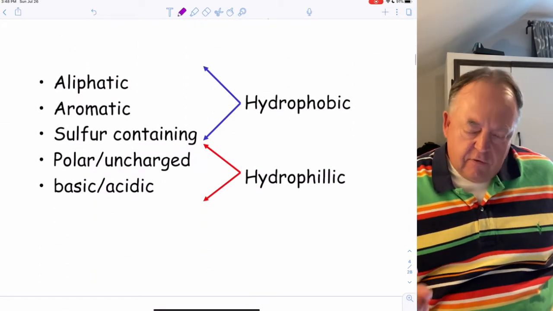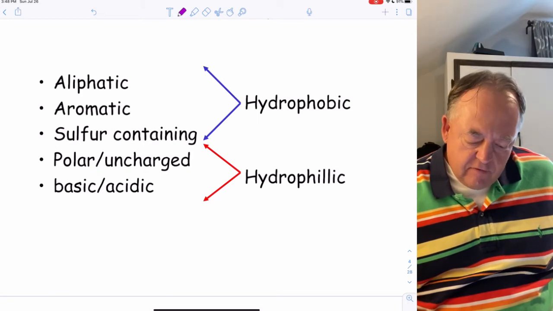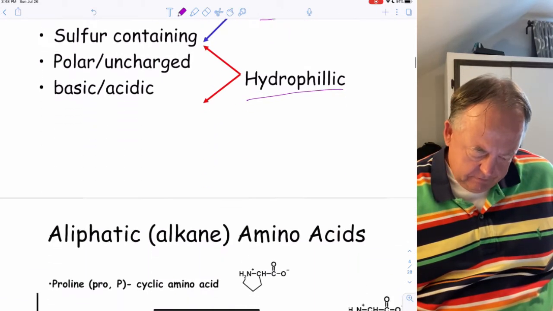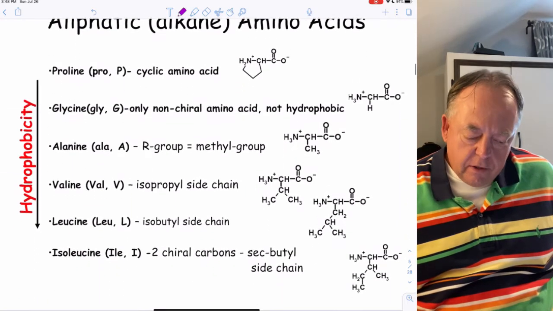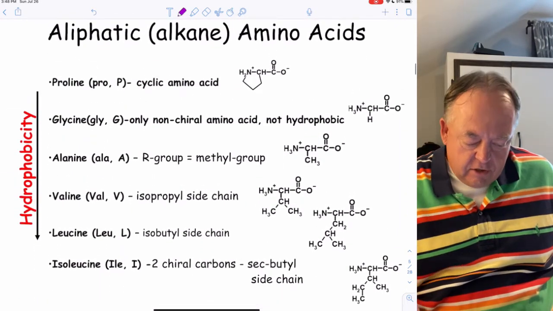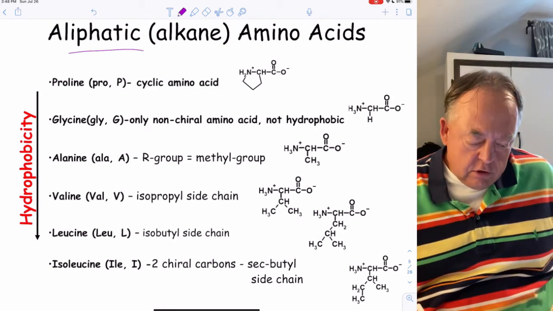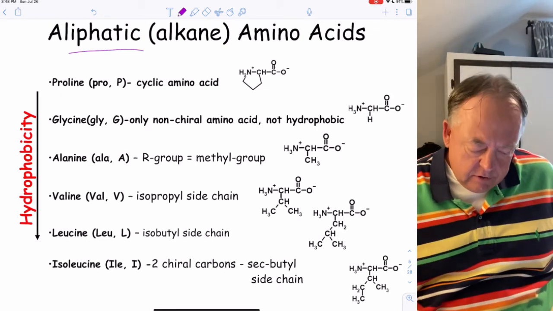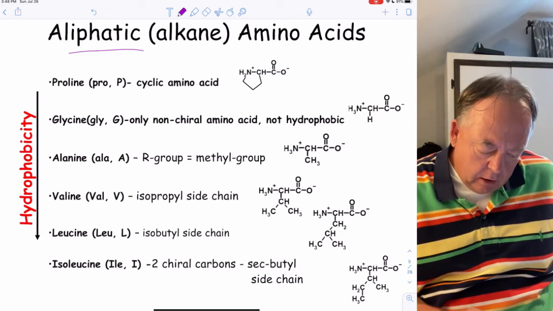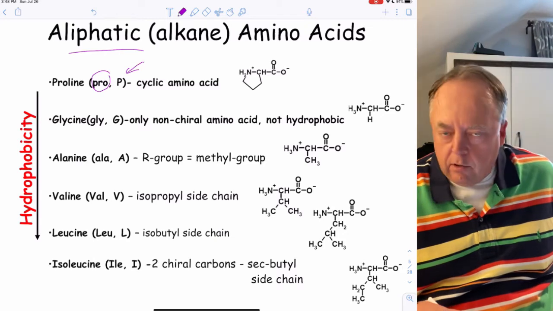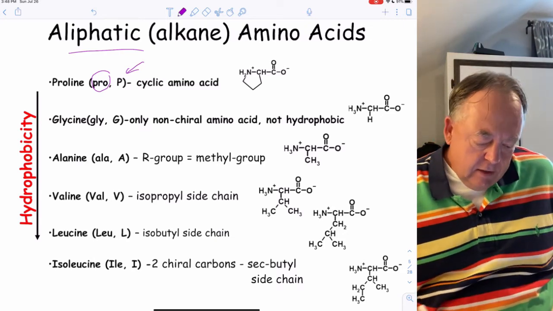Okay, so we'll look at the different classes of amino acids. Some are very hydrophobic and some are very hydrophilic. The hydrophobic amino acids have an aliphatic, just an alkyl group, for the side chain. All amino acids have a three-letter code and a one-letter code associated with them.